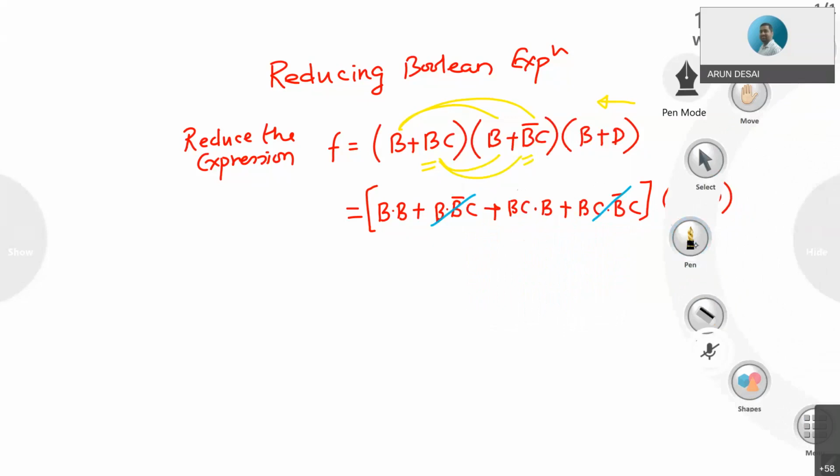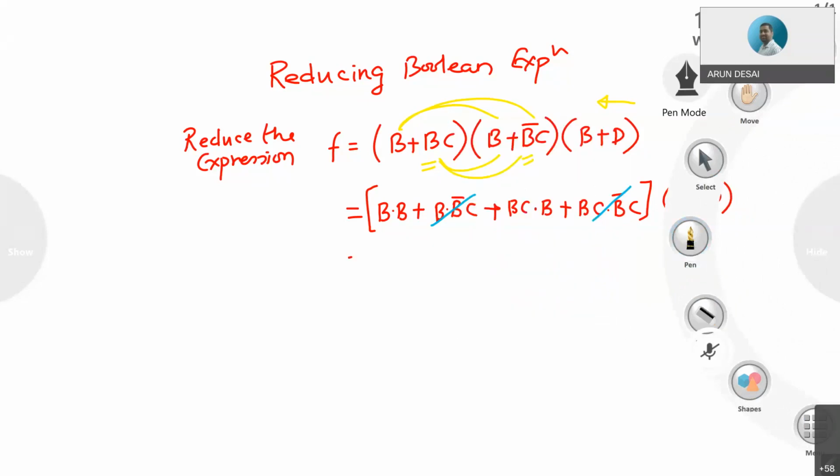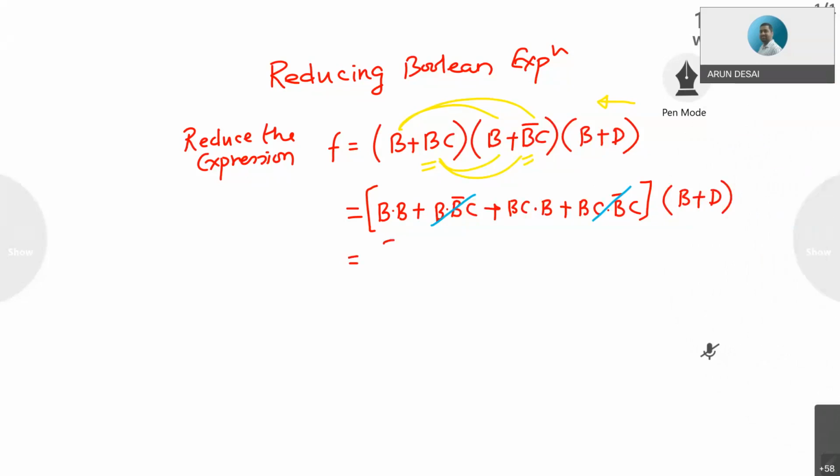So, next step, it's b plus bc and b plus d, right?